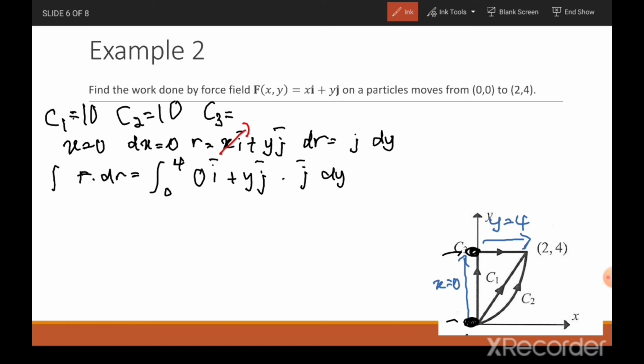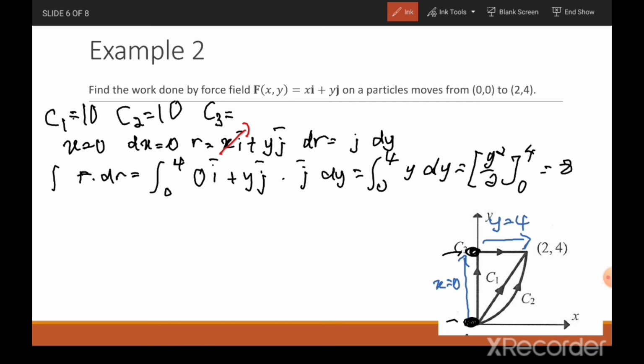Okay, there is no value for x, so x equal to 0. So this one is yj times j. So you can integrate lah. So when you integrate this one, the final answer will be equal to 8.